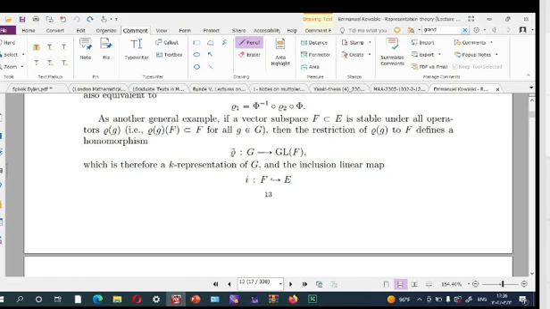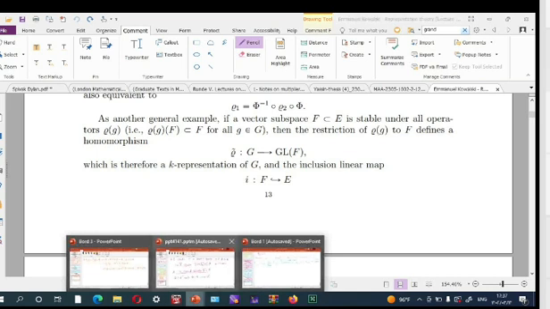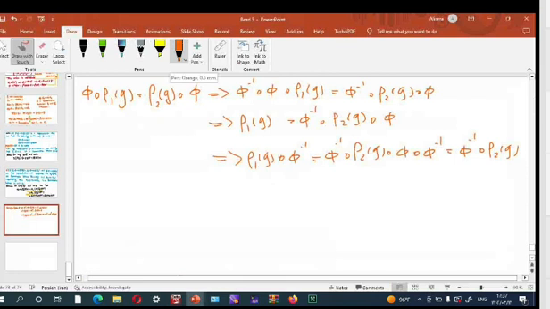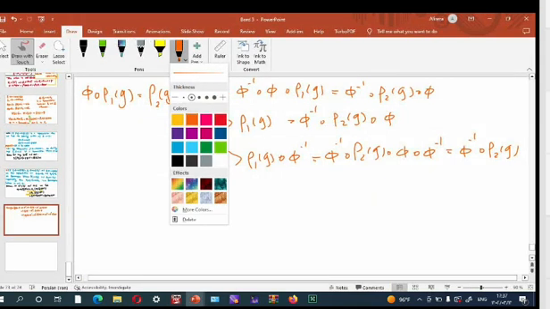And also, if we consider the restriction representation that we defined in the previous sessions. Remark.